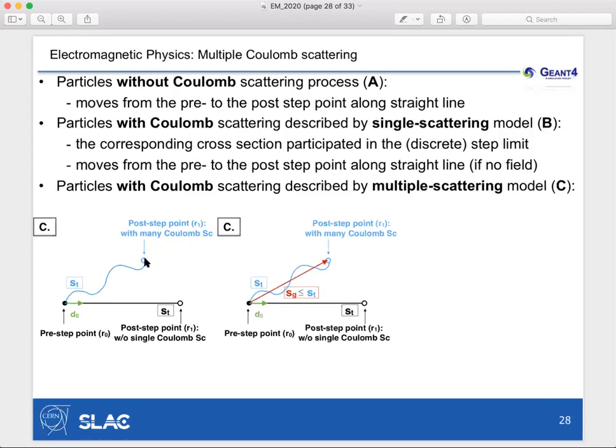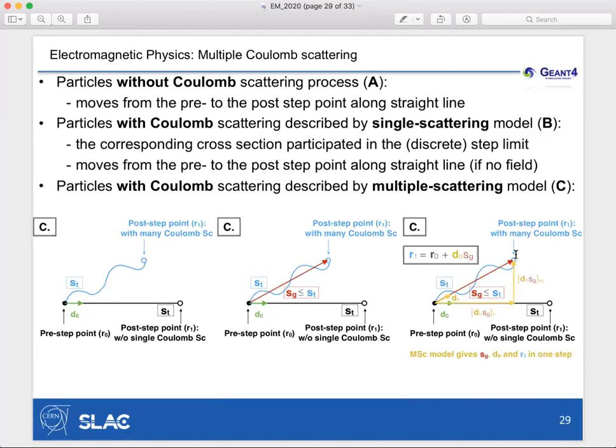What multiple Coulomb scattering tells us is the final position. After each step, when multiple Coulomb scattering is applied, it will tell us how far we go along the original direction, and the particle will be propagated along its original direction up to that point.